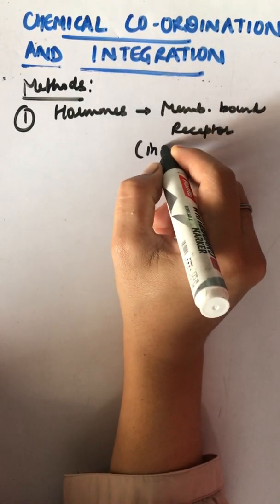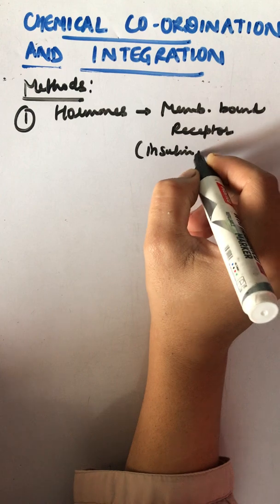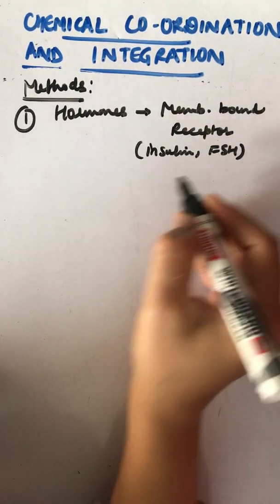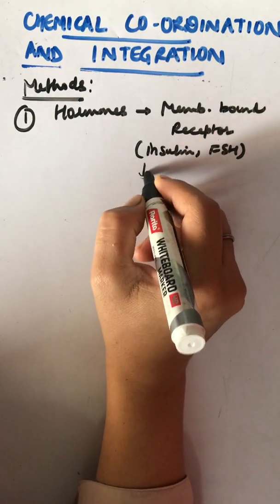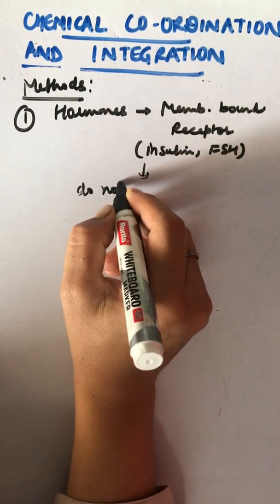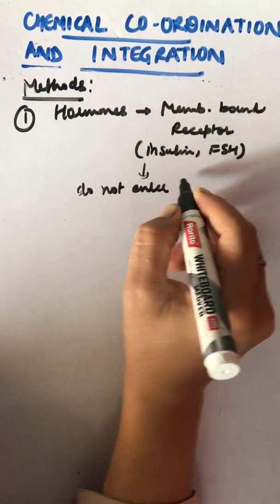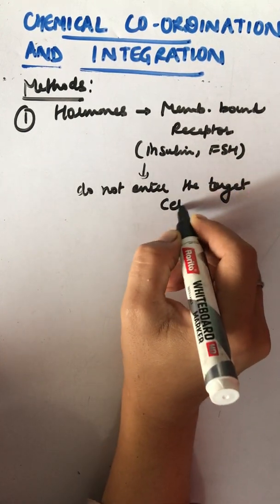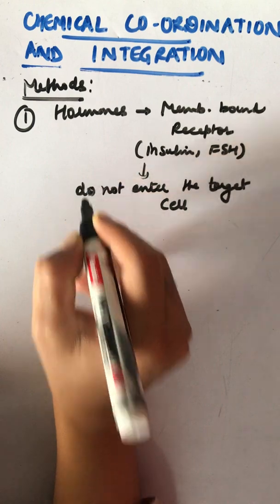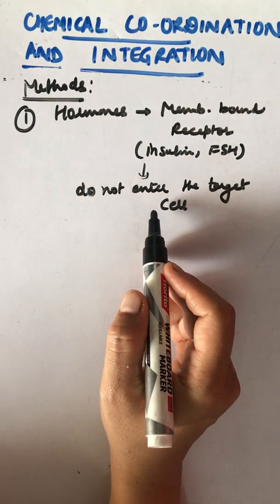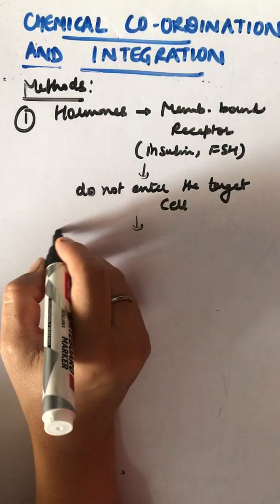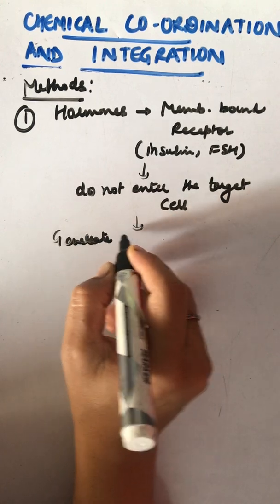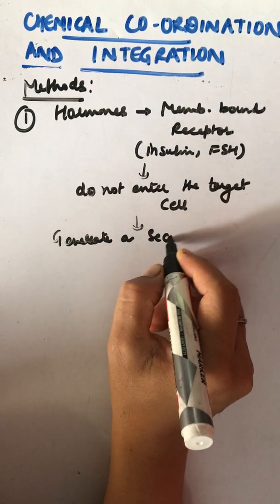That membrane bound receptor could be for insulin or for FSH, follicle stimulating hormone. They do not enter the target cell. This hormone will not enter the target cell, but what will it do? Generate a second messenger.